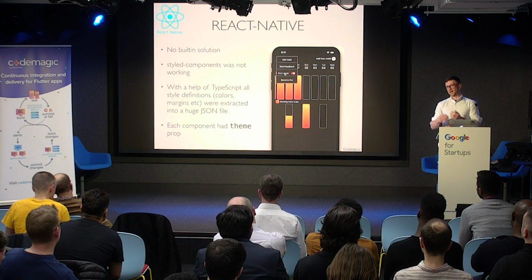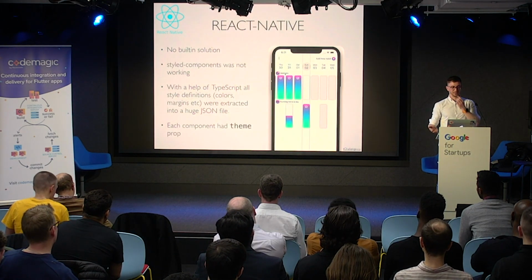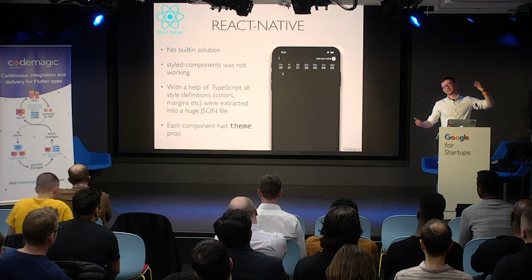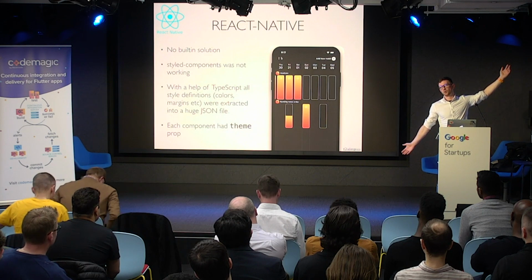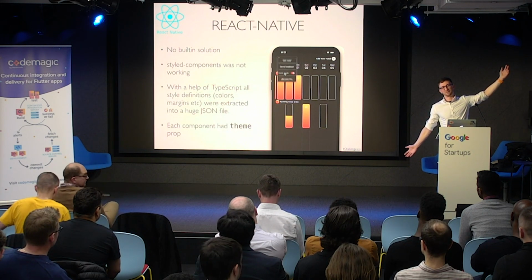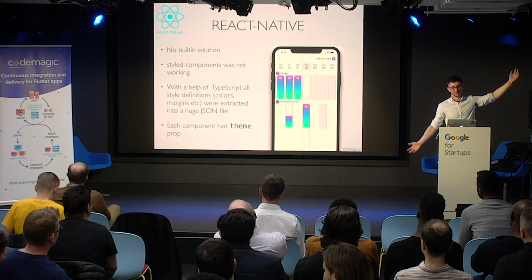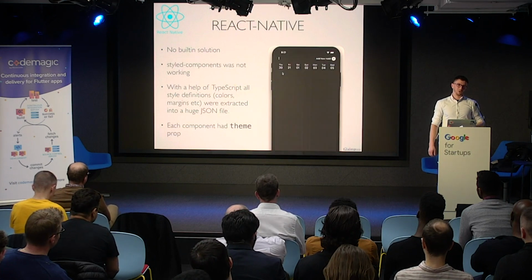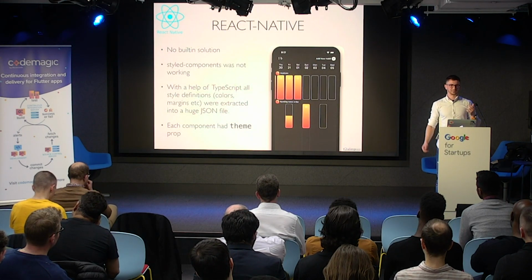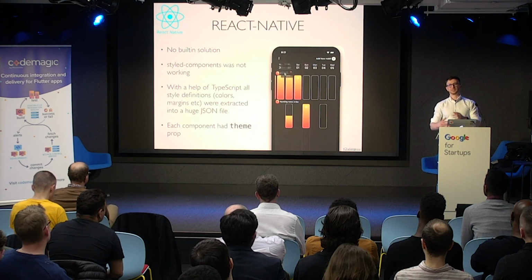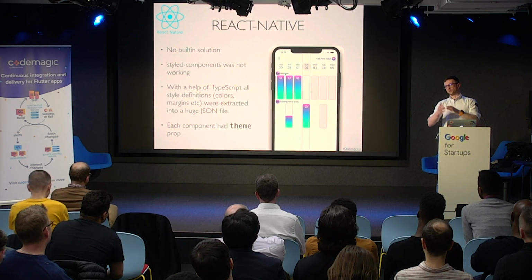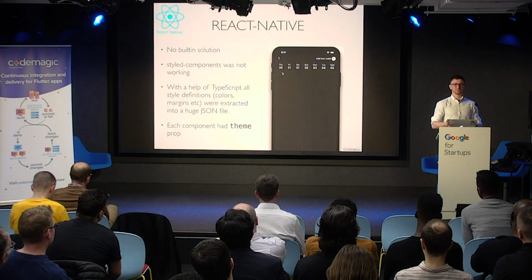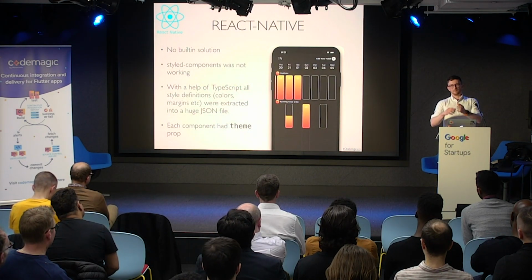I used the power of TypeScript, because Habit Challenge is written in TypeScript, to create one single huge interface that has all the styling definitions, all the colors, all the margins, all the paddings, everything for each component. And what is even worse, this interface mirrors the hierarchy of components in a tree. It is nice when you are using it. You can just extract a child property.